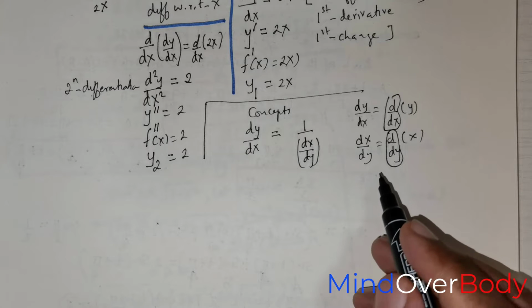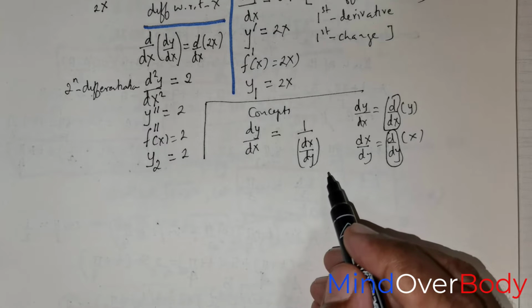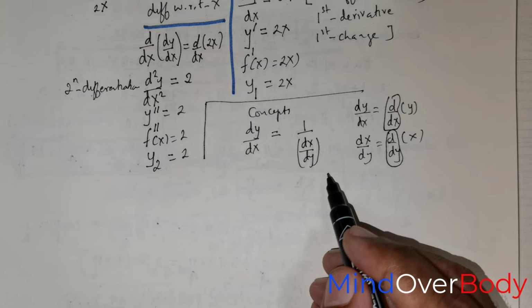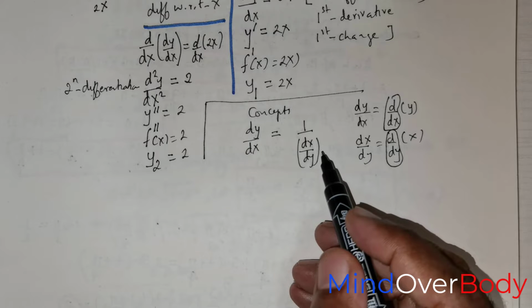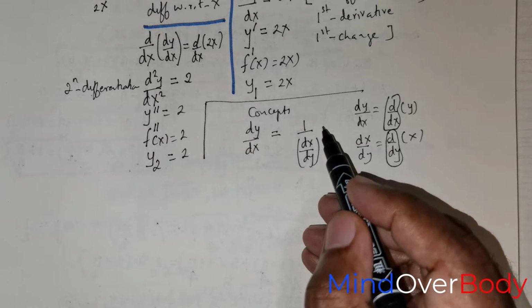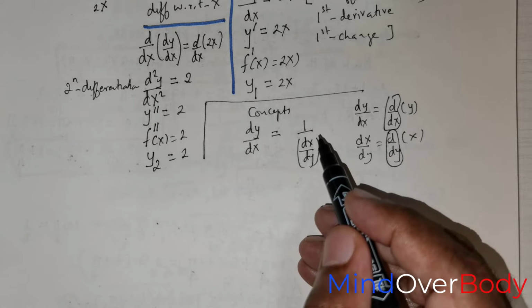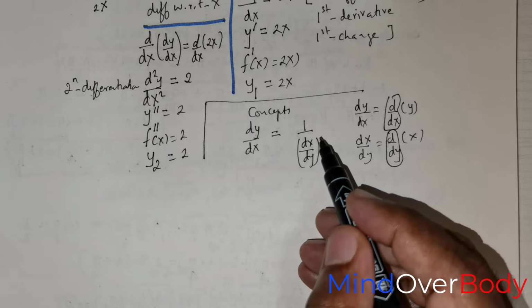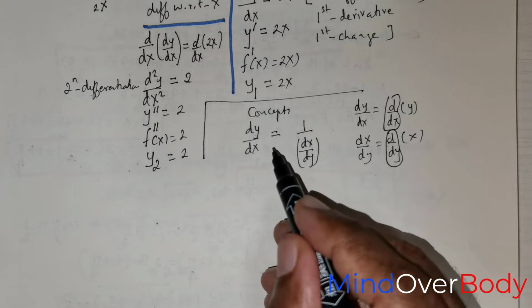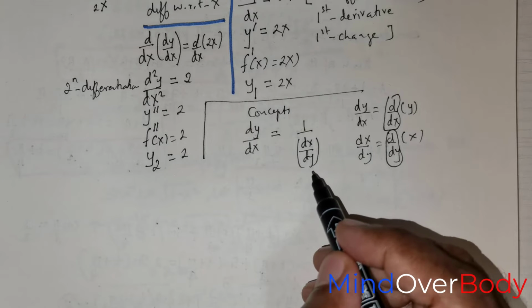So have that in mind. There is no hard and fast rule to outrightly state that these two are going to be equal. Of course, to begin with, for the first differentiation, dy over dx is indeed equal to 1 over dx over dy.